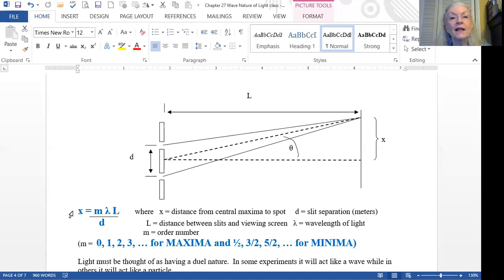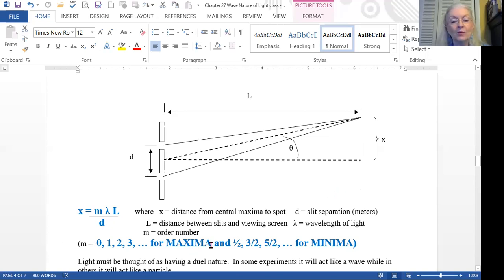All of your distances have to be measured in the same units, so either all in meters or all in centimeters or all in millimeters. And since we have three things measured in distance, lambda, L, and d, they all three have to be in the same units. And little m is the order, and what that tells us is which of those bright or dark spots we are looking at.